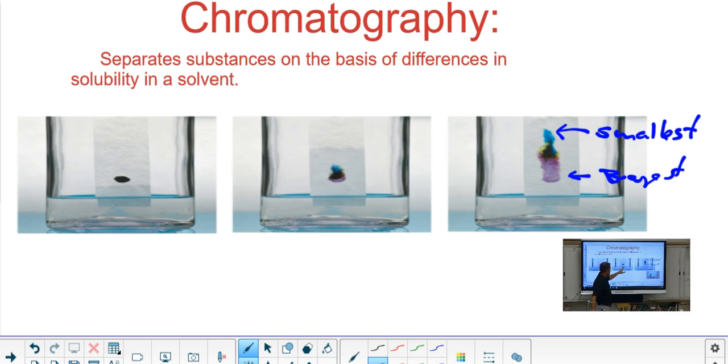That solvent travels up the filter paper or chromatography paper. They're actually the same thing pretty much. And over time, it separates into what it's made out of. So this black marker was made out of purple, yellow, some green, and some blue. The way this helps you separate, the largest molecules are at the bottom, the smallest are at the top. That's just based on gravity. It's harder to move the big ones up and easier to move the small ones.